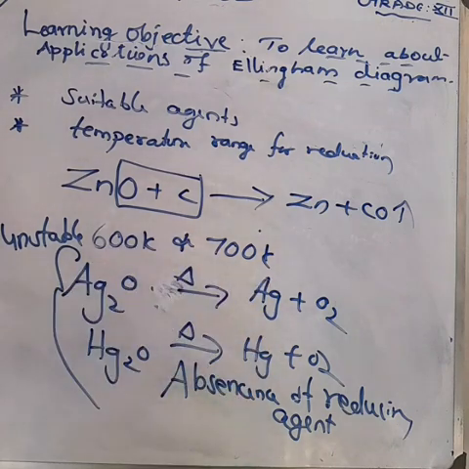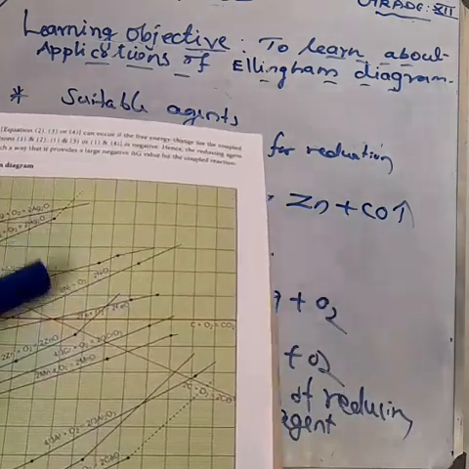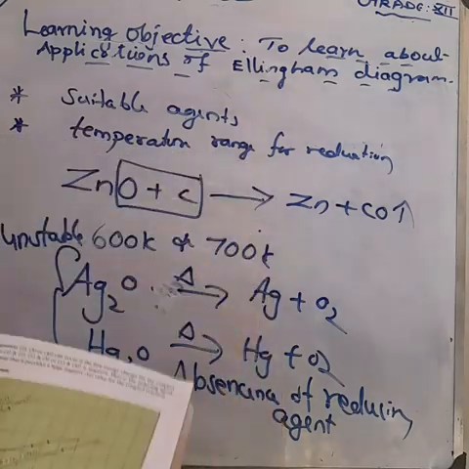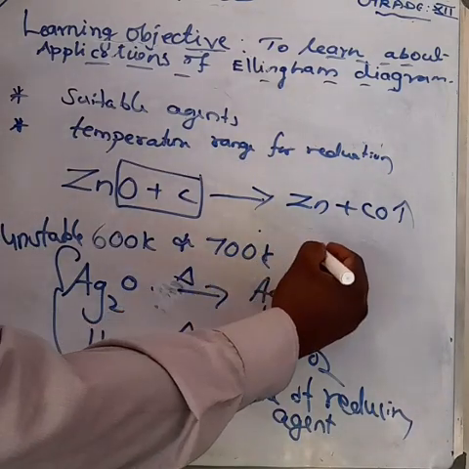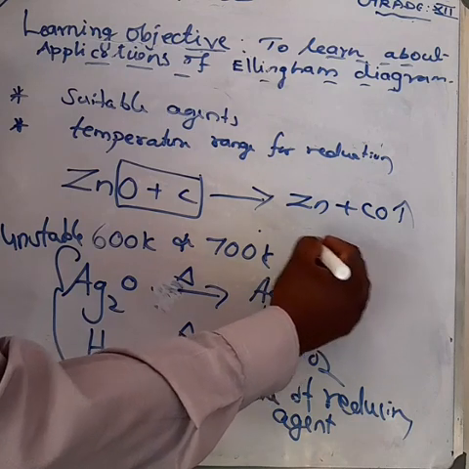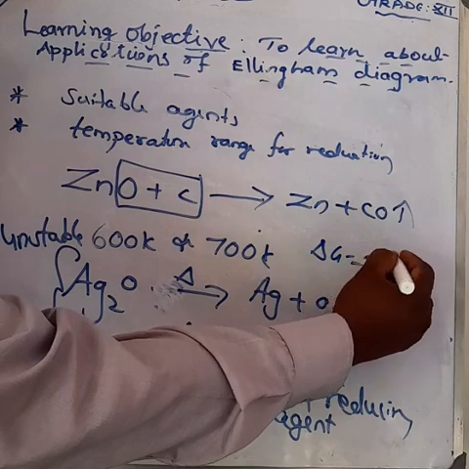That is one of the main applications. Can you understand me? At first I told you that with the Ellingham diagram we are selecting a suitable agent, and the one which has the high negative delta G value.